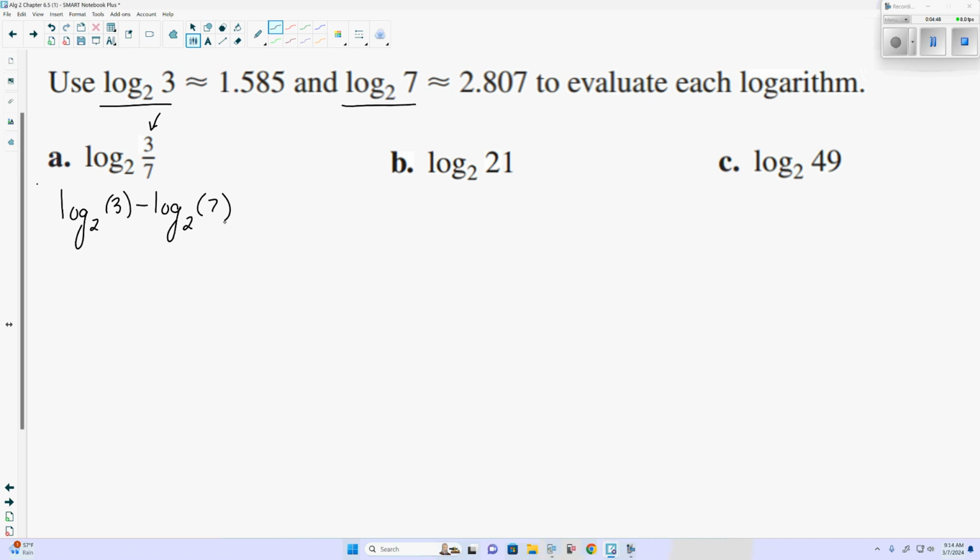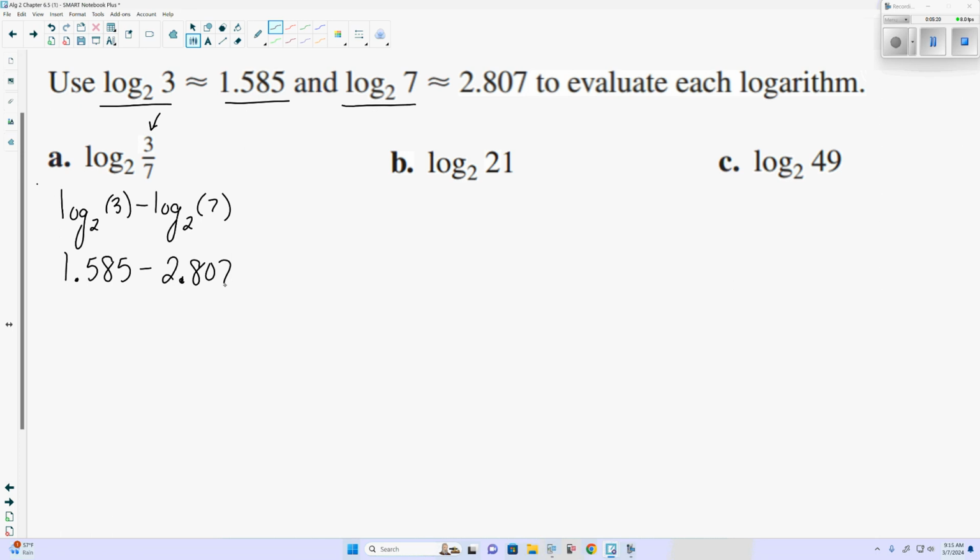Questions on what we did there? Well, I know the value of log base 2 of 3. It is 1.585 minus log base 2 of 7 is 2.807. Questions on this so far? We good with this here?